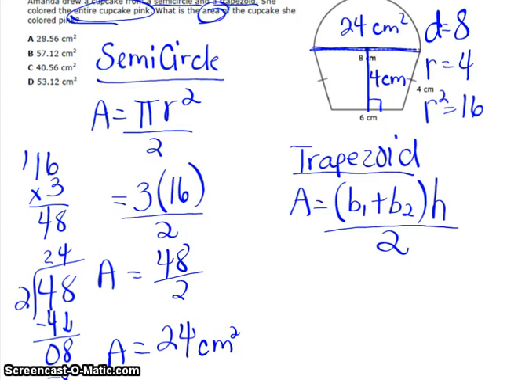Base 1, and remember, it doesn't matter what you call base 1 or base 2. You just have to use the 2 parallel lines. So my base 1 is 8, my base 2 is 6, and the height is 4. I'm going to add 8 and 6, multiply by 4, and divide by 2.